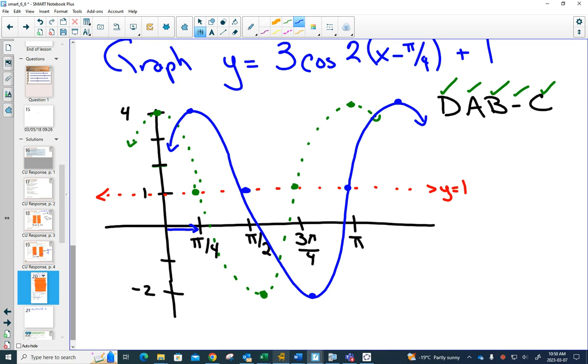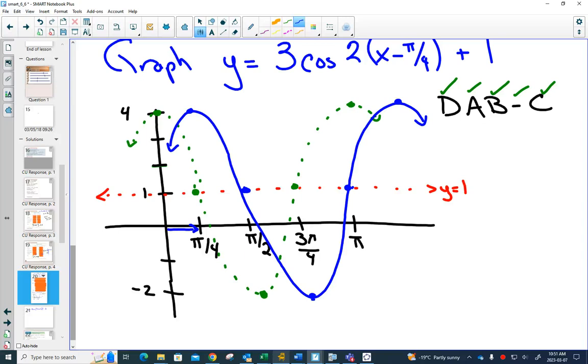In transformations, you would have had to take all 5 points from your regular graph and do a bunch of mental math transformations to all 5 of those points to find these 1, 2, 3, 4, 5 blue points. This method of DAVC makes it a lot faster and easier for us because we've noticed some patterns.